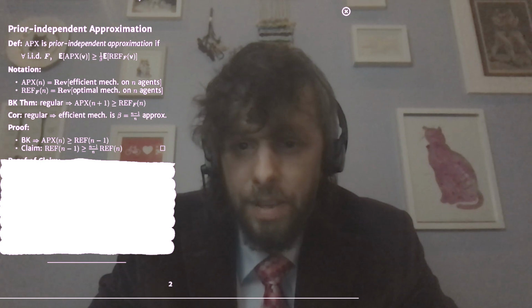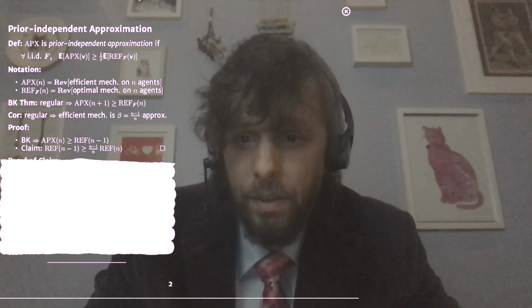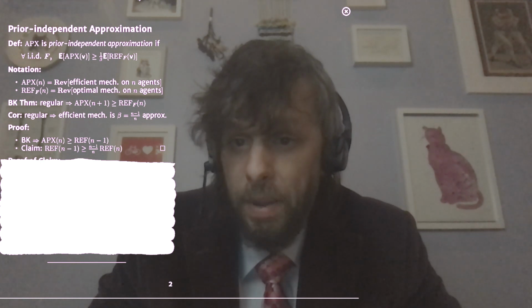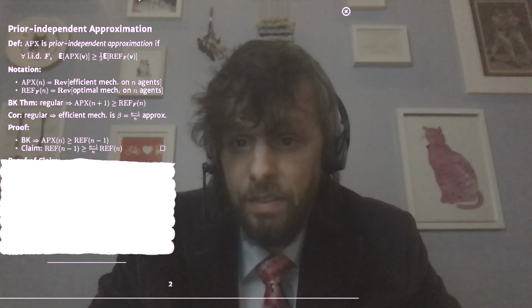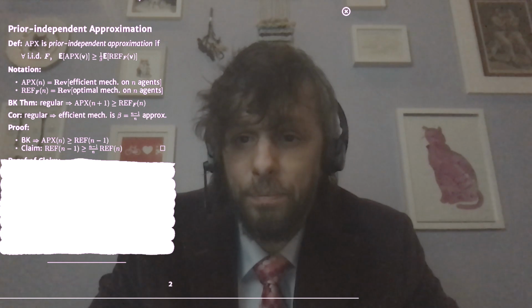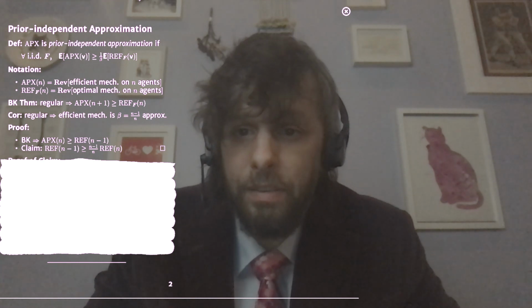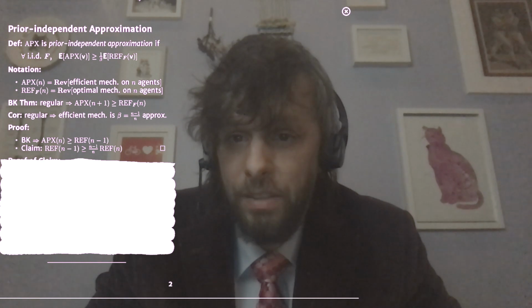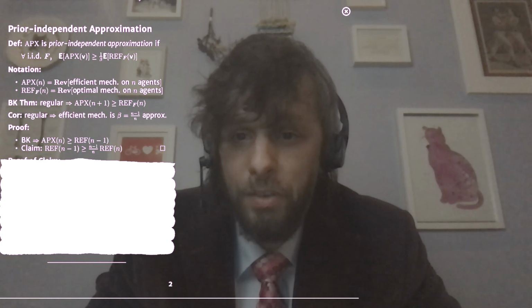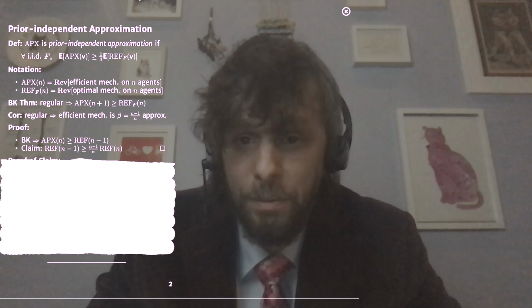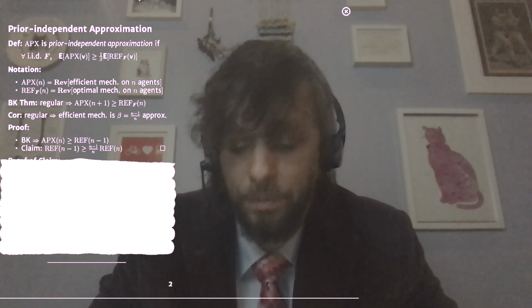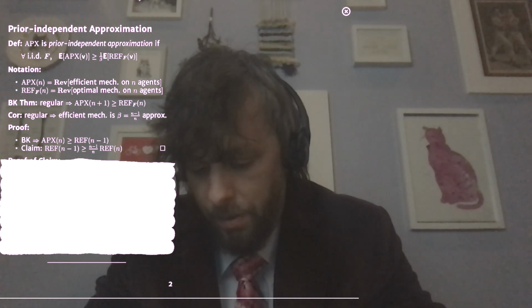And in a second, we'll prove the following claim, that the optimal mechanism with n minus 1 agents is an n minus 1 over n approximation to the optimal mechanism with n agents. Stringing together these results, we'll see exactly the claimed desired theorem, which is that the efficient mechanism with n agents is an n minus 1 over n approximation to the optimal mechanism with n agents.